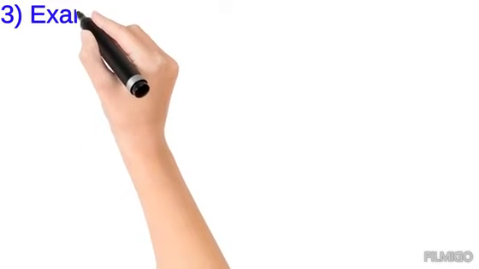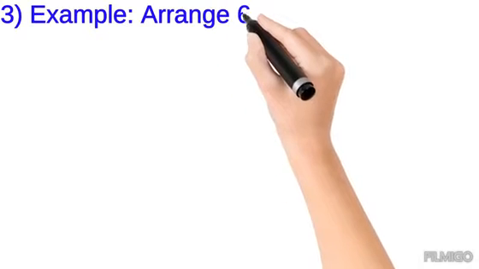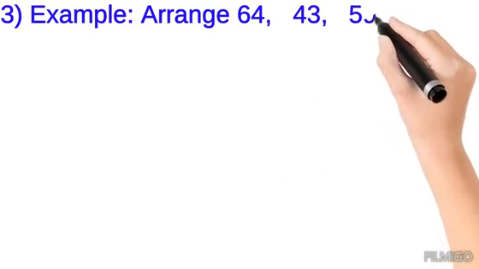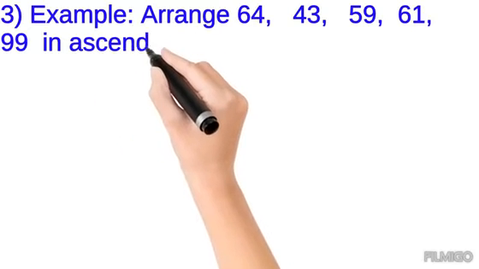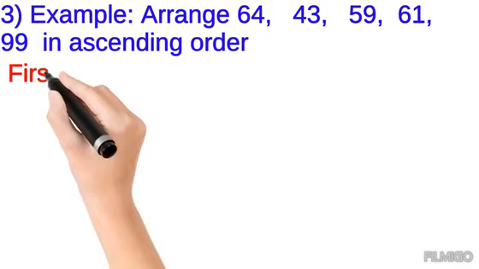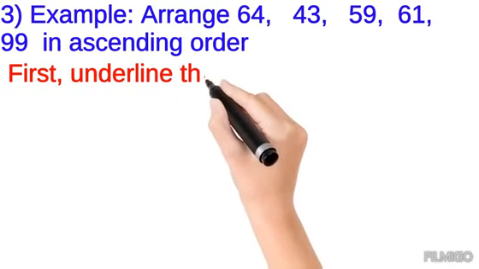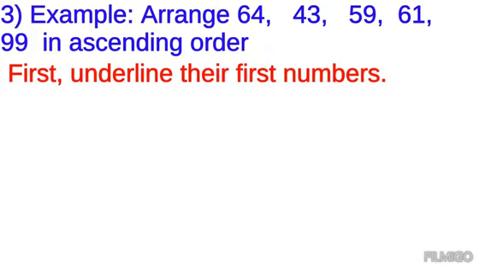The next example, arrange 64, 43, 59, 61, 99 in ascending order. Remember, we always start by what? Underlining their first numbers.